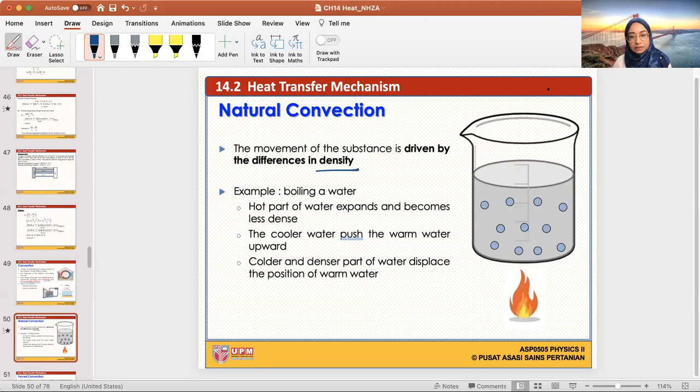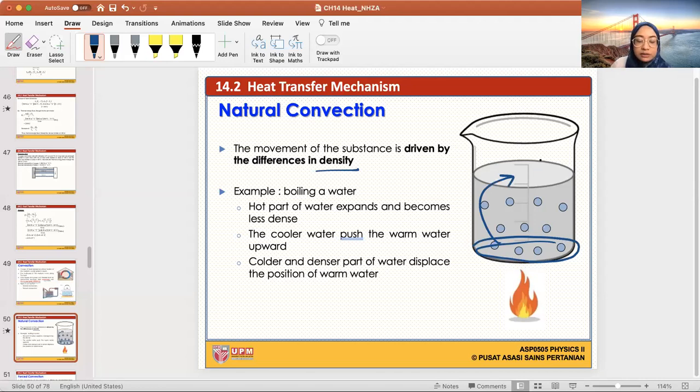So how is that? For example, boiling water. When we boil the water, the part of the liquid at the bottom expands because it is being heated, and then it rises to the top.